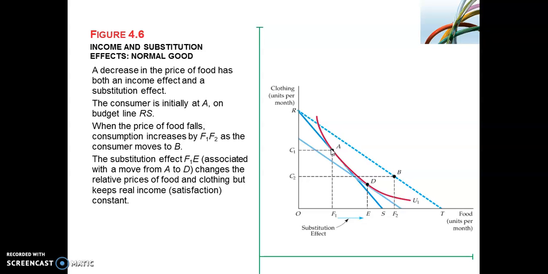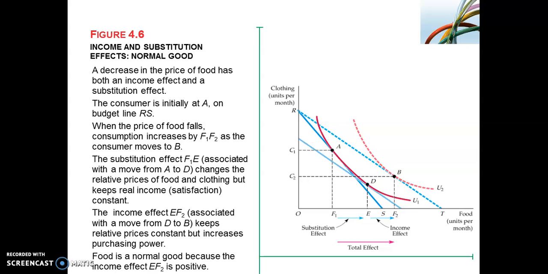Now the price of food falls, and like I said, the budget constraint is going to pivot outward and become RT. Now, the consumer is going to be able to achieve a higher level of utility given by the indifference curve U2 at point B. So we can see that point B by revealed preference is going to be preferred to A because the consumer could have chosen A but now prefers point B, as this basket is going to yield a higher level of utility or satisfaction.